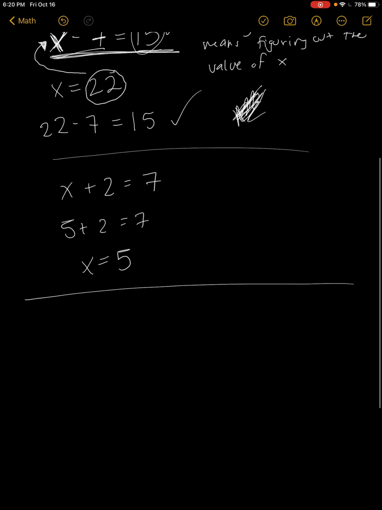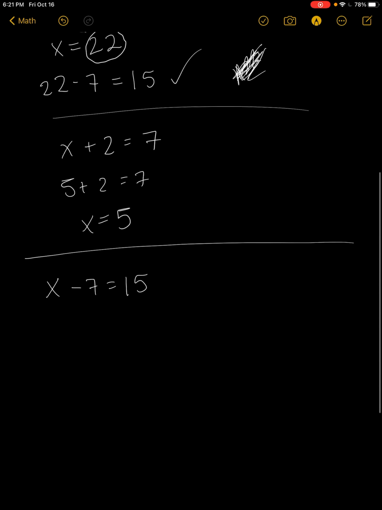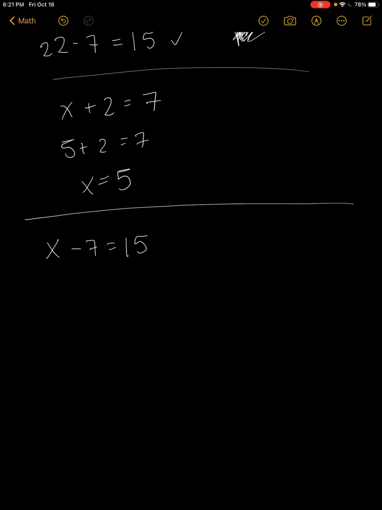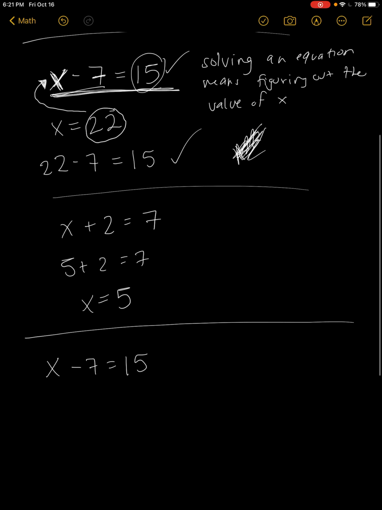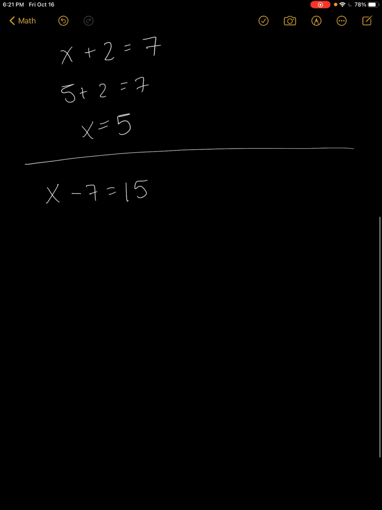Okay? So let's do the first one again. Okay, so transformation, in order for me to figure out 22, I know it's like a number minus 7 gives me 15. That means if I add 7 to 15, I should get the right answer, right? So if I add 7 here, I will get 22. Okay?